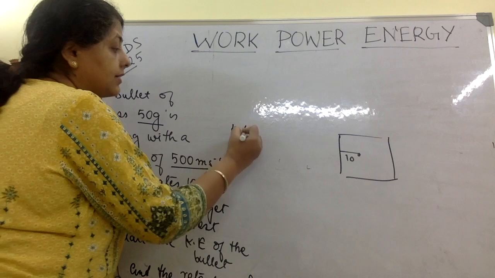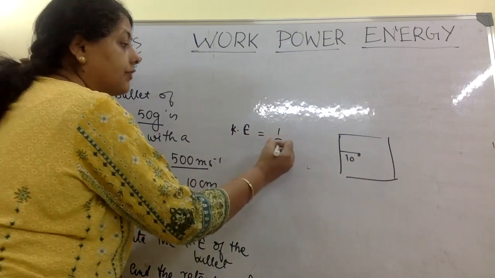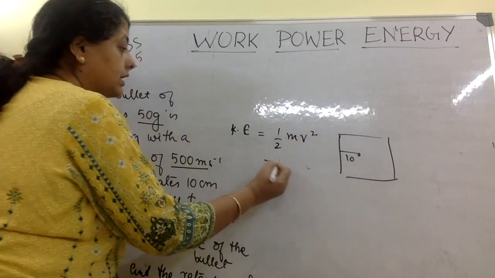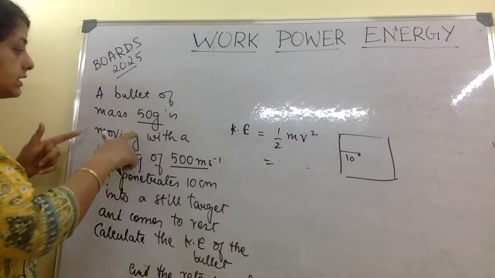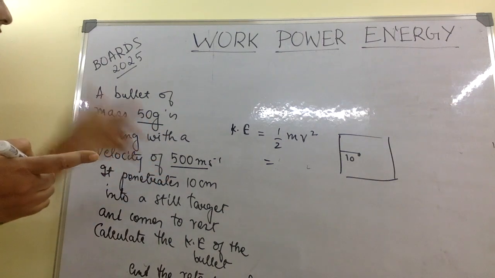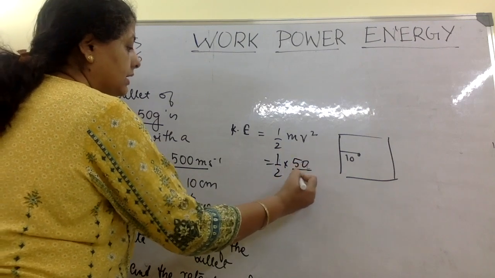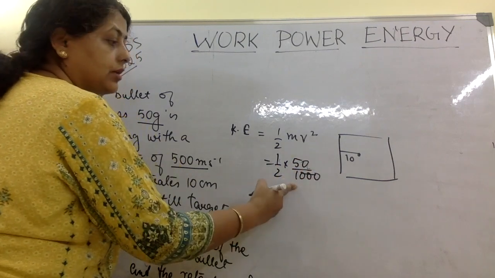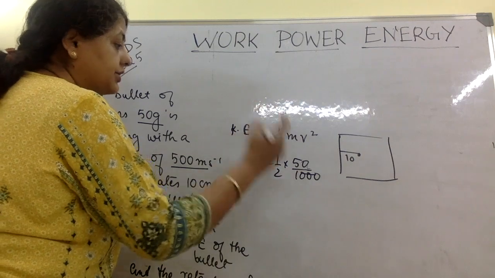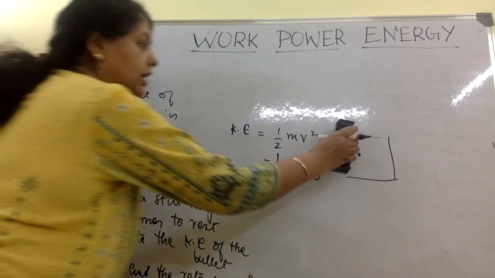That is why the bullet is stopping. So first, kinetic energy of the bullet, that is half mv square. Now they have given us this m as 50, and they have given this in grams, so half into 50 by 1000, because we are converting it to kg, into 500 into 500.